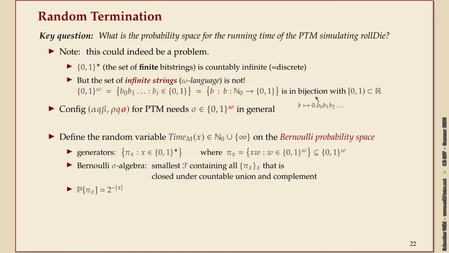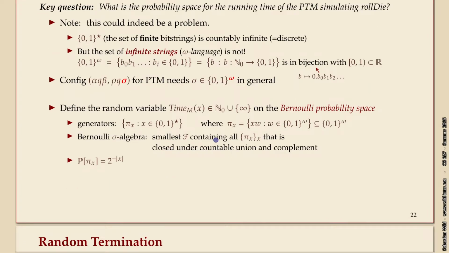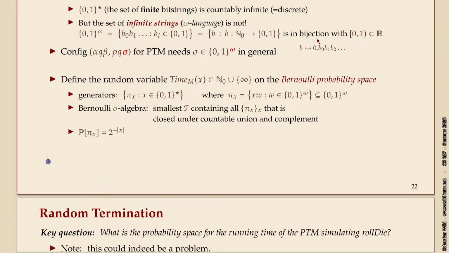The point was you can define a language of omega strings. So the roll die example: the roll die terminates if and only if the initial bit string we start with is in some language T, which is a subset of these omega languages.